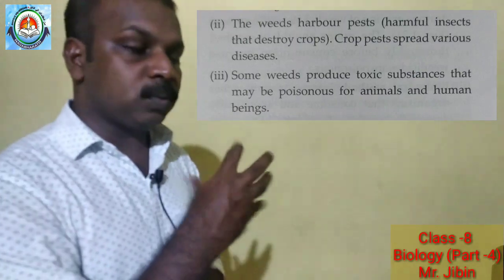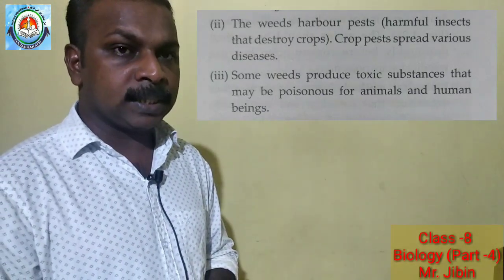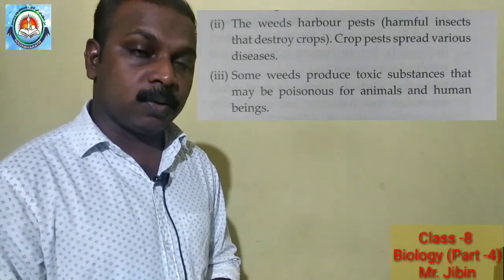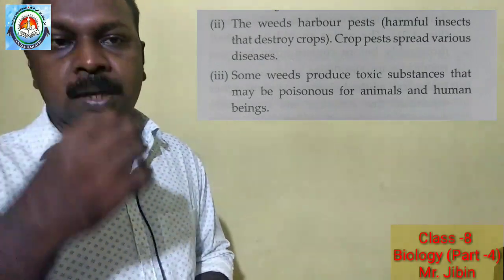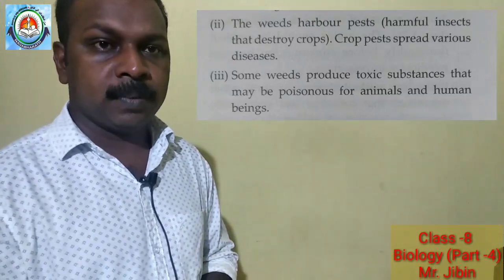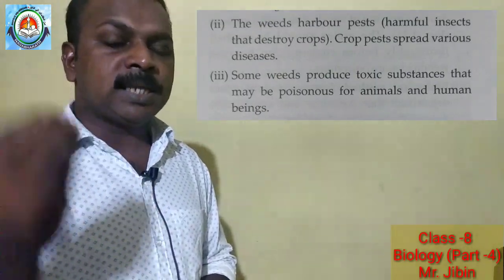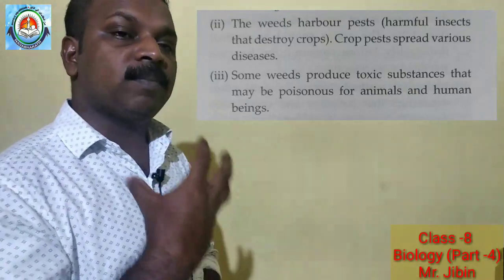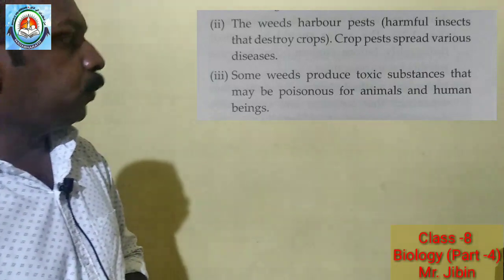If many pests come to this field, they may cause very harmful diseases, and these diseases cause harm to the main crops also. If a main crop gets disease, then what may happen? It causes less yield or lower quality products. So we have to remove all the weeds, so that we can avoid pests in the field and the crops are free from diseases. There is no chance of spreading diseases. Okay, so that is the second point.